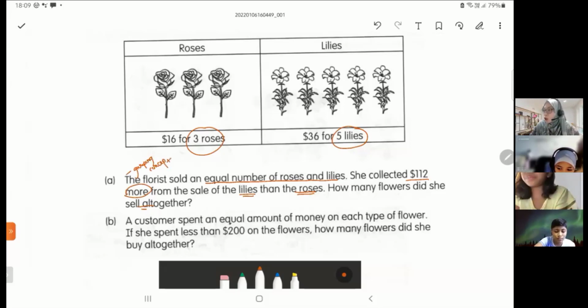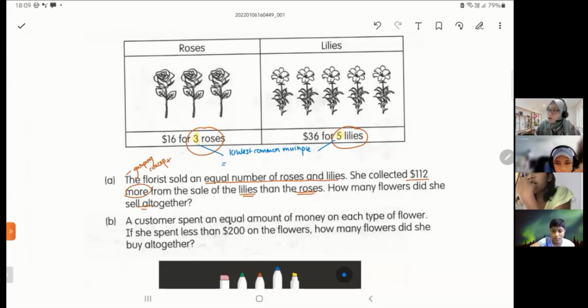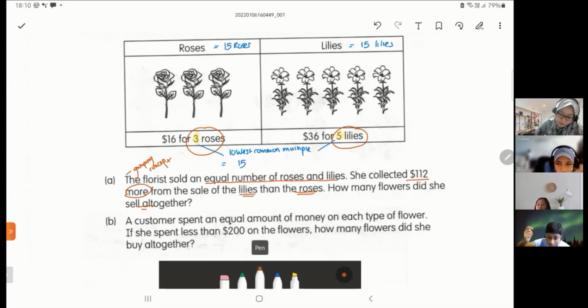So we are going to find the lowest common multiple of 3 and 5, which will be 15. Which means we are going to buy 15 roses and 15 lilies. Now let's find the price for the 15 roses.